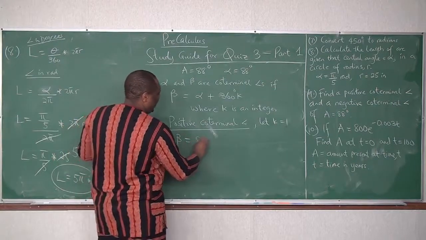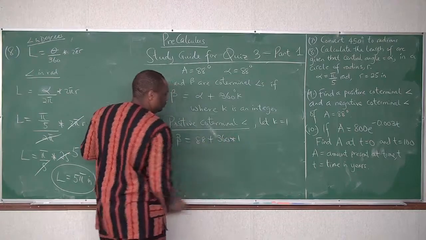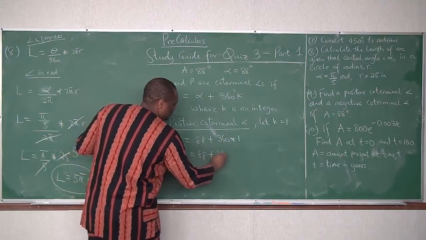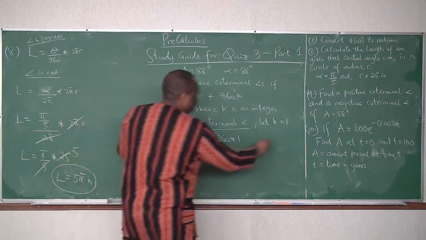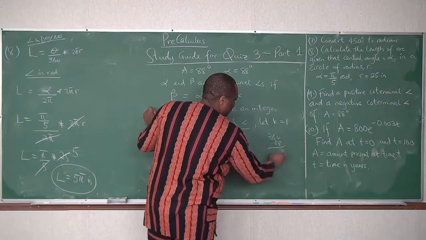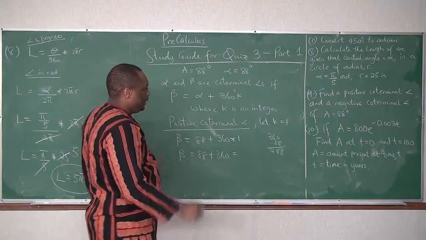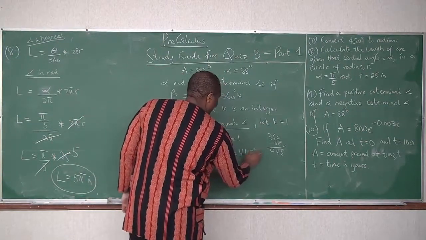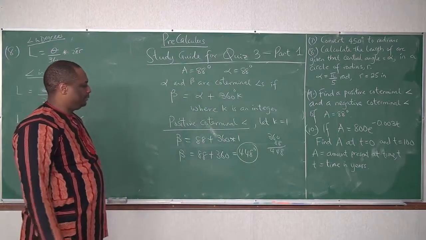So beta will be 88 plus 360 times 1, which gives you 448 degrees. That is your positive coterminal angle.